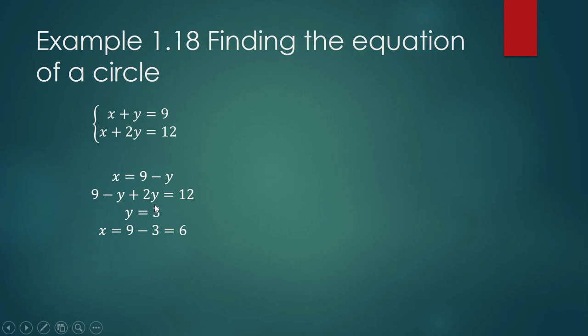This is equal to y, and then by transposition, 12 minus 9 is 3. Y is equal to 3. What is x? Well, x is 9 minus 3, that's 6. The solution to this system is (6, 3). This is the point of intersection, which is also the center of your circle.